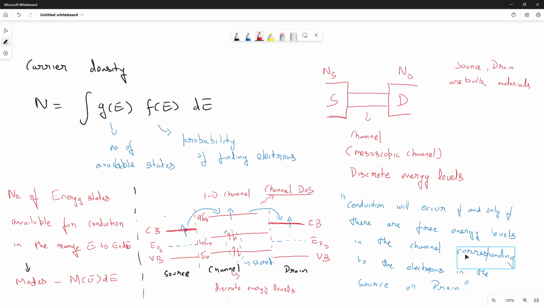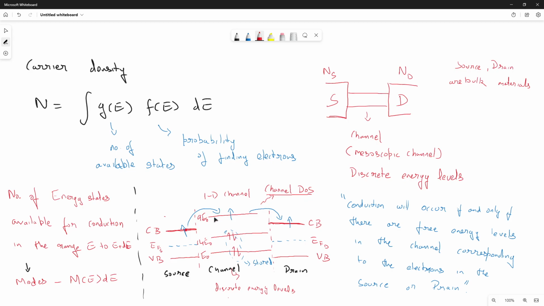But in this case, we will find out that only the source and the drain Fermi levels are aligned, because technically there is no Fermi level for the channel, because it is a small system which has finitely many electrons. Statistics can be done only when there are a large number of electrons. Since the channel is small, the number of electrons in the channel is very less compared to the number of electrons in the source or the drain.